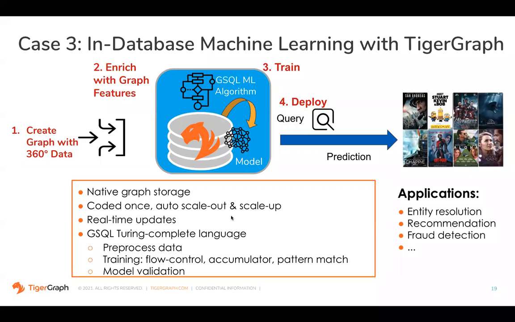But with TigerGraph, because of its performance characteristics of being able to execute things in parallel, and with the GSQL language, being able to execute algorithms. Machine learning is a set of sequential, complex, iterative algorithms. Not every graph database is really oriented towards doing that type of analytical work, but TigerGraph is.